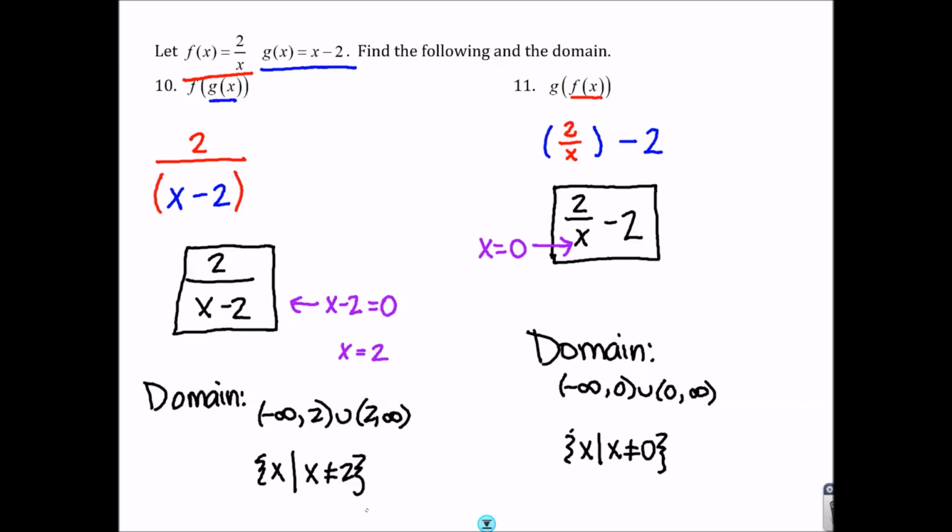So the two types of functions that you need to be careful of are rational functions, which are fractions, and radical functions. We discussed in the last unit that whenever you have an even index radical, square root, fourth root, sixth root, that it can never equal a negative number.